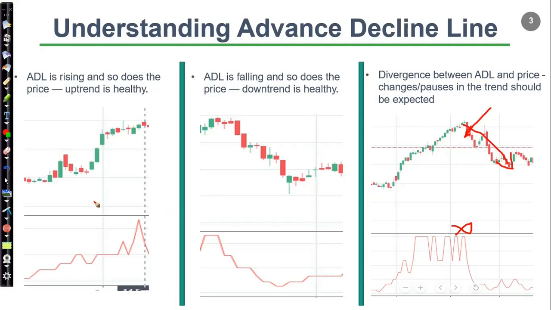This is the most important use of this indicator before the market falls.